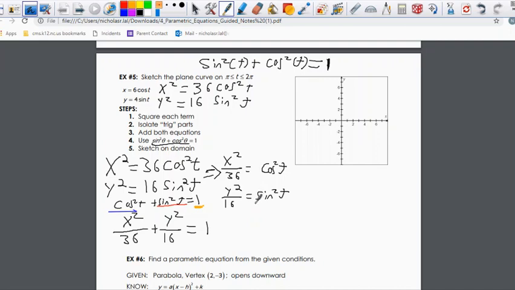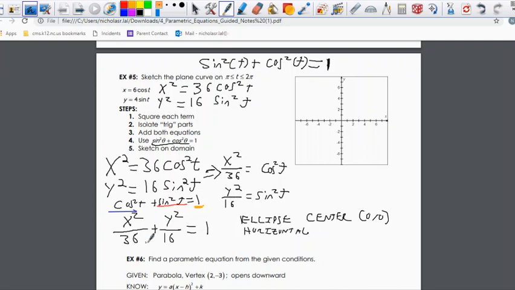So sketching this curve, this is an ellipse with a center at 0, 0. The ellipse is horizontal.